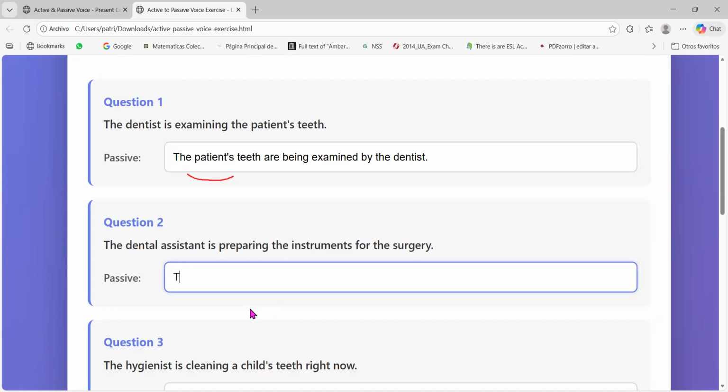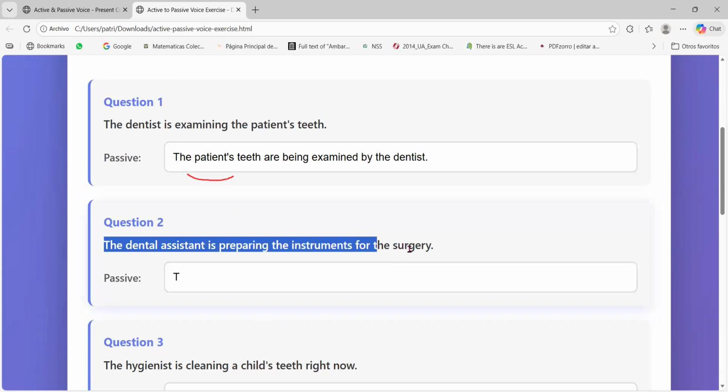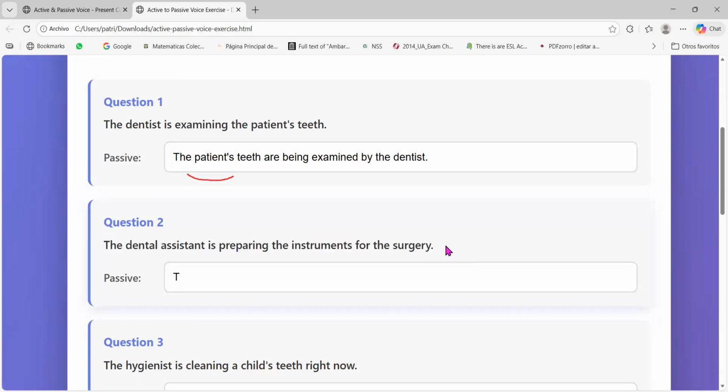First, read this one. Could you read it? The dental assistant is preparing the instrument for the surgery. Yes, the surgery. Surgery is the operation, right? Okay.